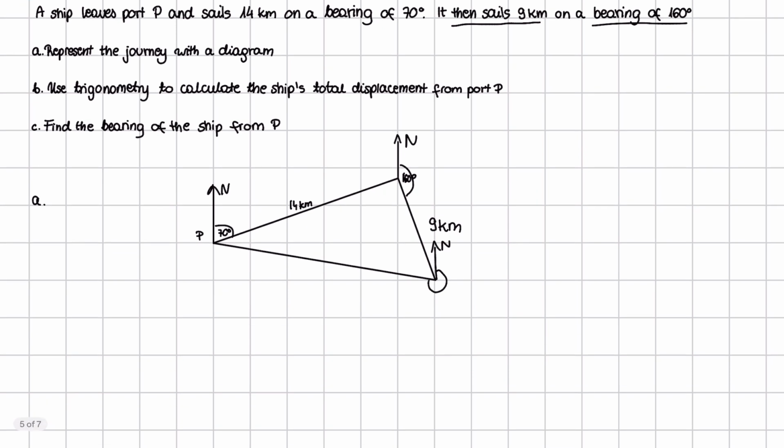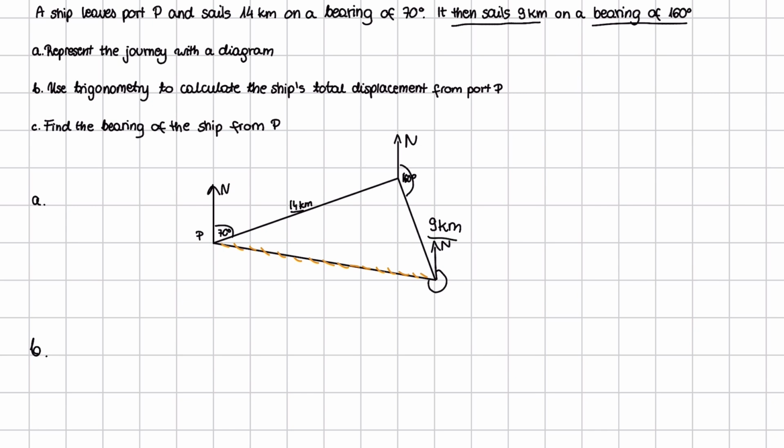And in B, use trigonometry to calculate the ship's total displacement from port P. So we have to calculate this distance, this straight line. We only know that this distance is 14, this distance is 9 kilometers.